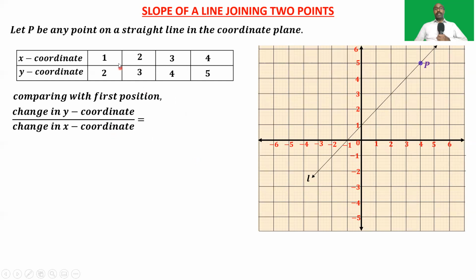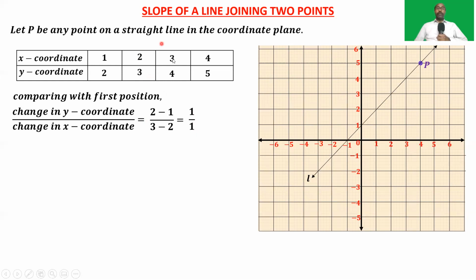In the first case, the coordinates are changed from 1, 2 to 2, 3. Now, the change in y coordinate by change in x coordinate is 2 minus 1 by 3 minus 2. Comparing with the first position only, not the previous position, with the first position. So, the ratio is 1 by 1.